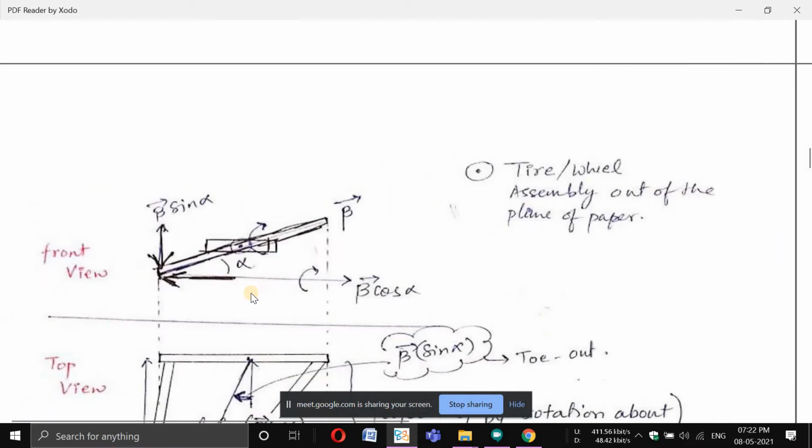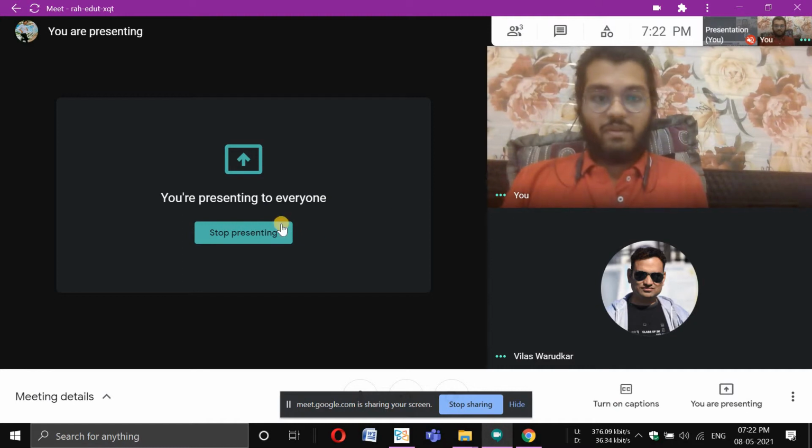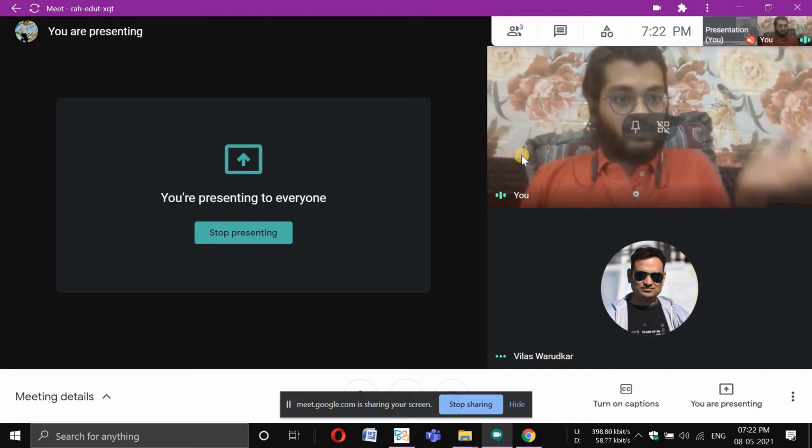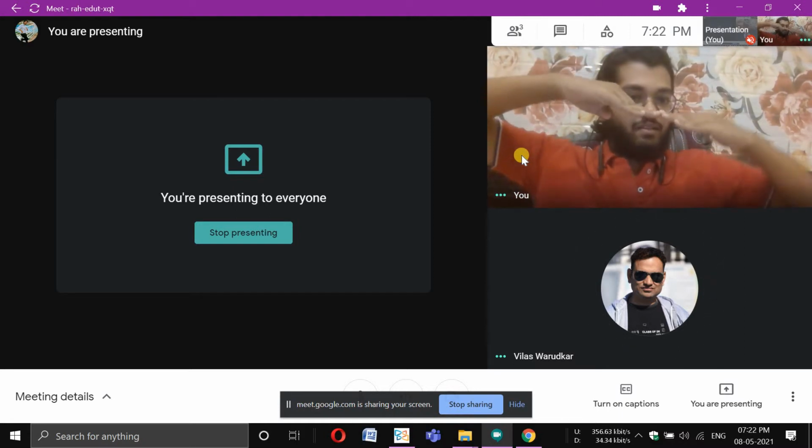So resolving beta into two components, in the horizontal axis and in the vertical axis, the horizontal component of beta is beta cos alpha, because alpha is the relative angle of the inboard axis. So beta cos alpha will generate the movement of the tire. If I could show you on my video, this is the arm, and this is the beta.